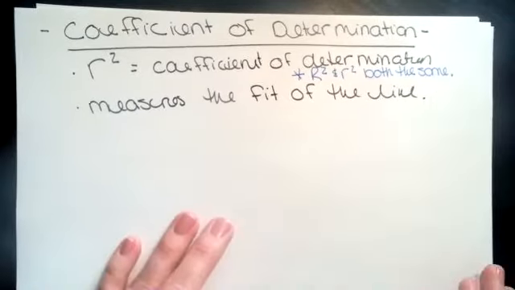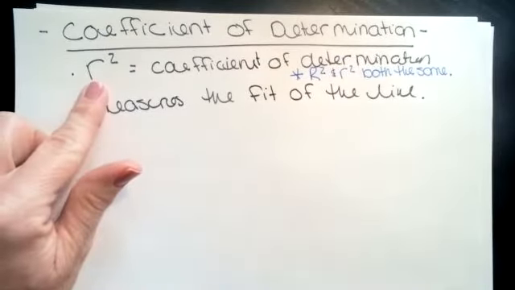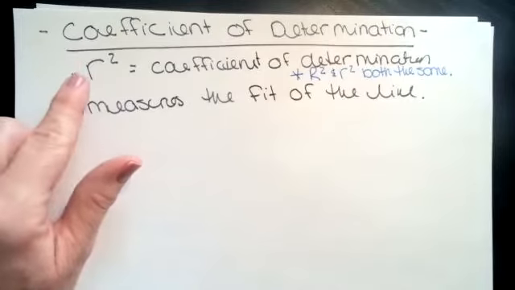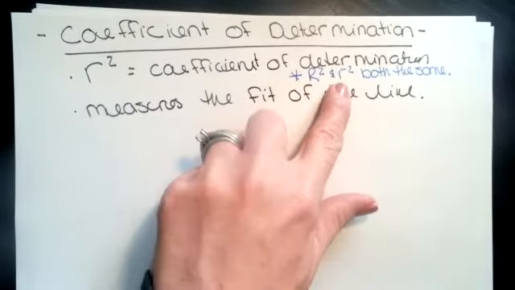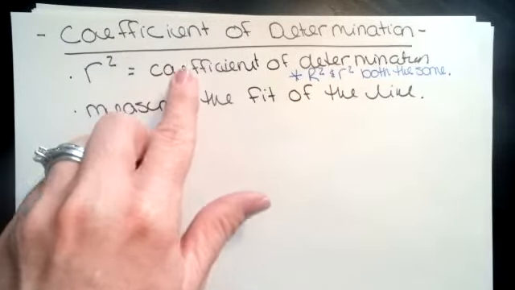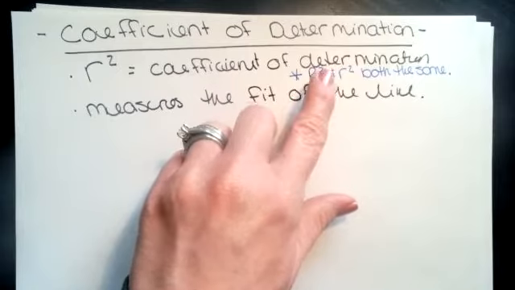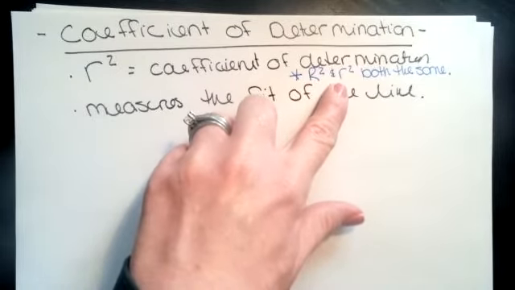Okay, so they're both the same. It's just we use lowercase r squared. So what I want to tell you is that capital R squared and lowercase r squared both equal the coefficient of determination. Capital R squared is calculated in a different way than lowercase r squared.